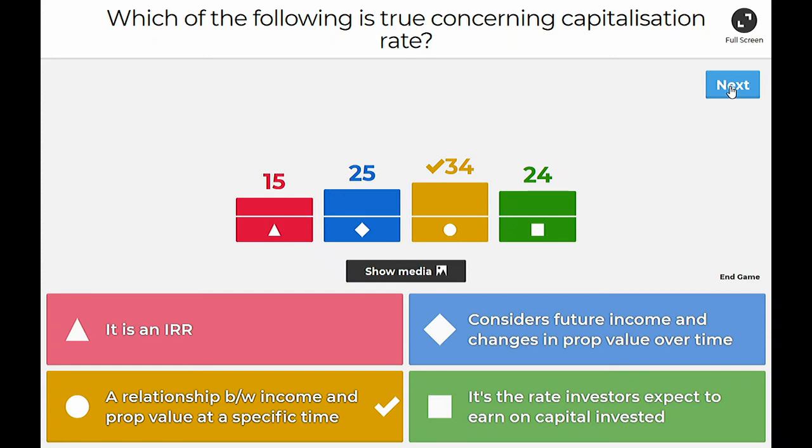It is a relationship between income and property value at a specific point in time. It's a snapshot. I can calculate cap rate for year 1, 2, 3, but I cannot look at cap rate that looks at cash flows from year 1 to 3. All right, so that, and it's not the rate that we expect to earn.